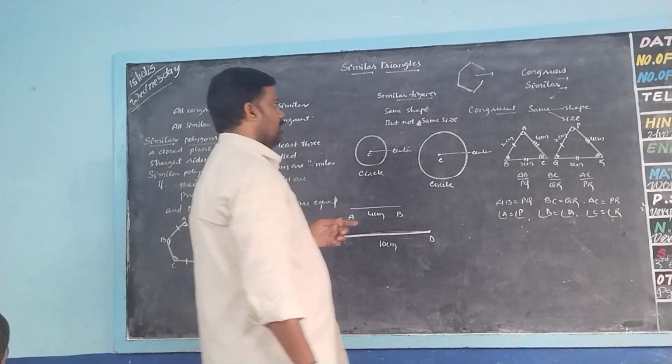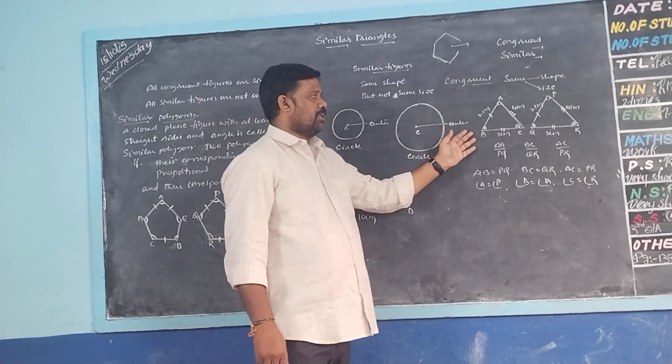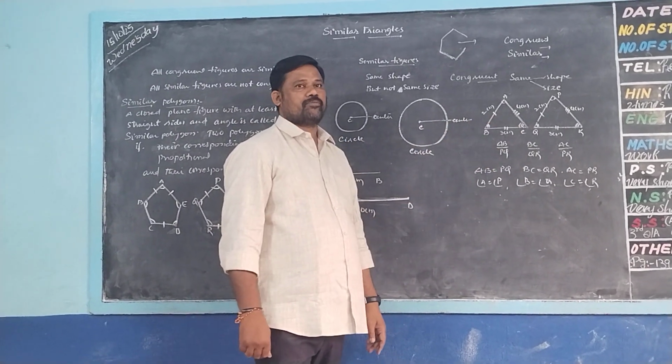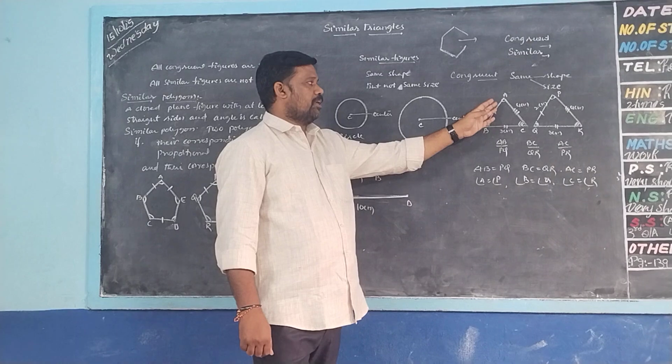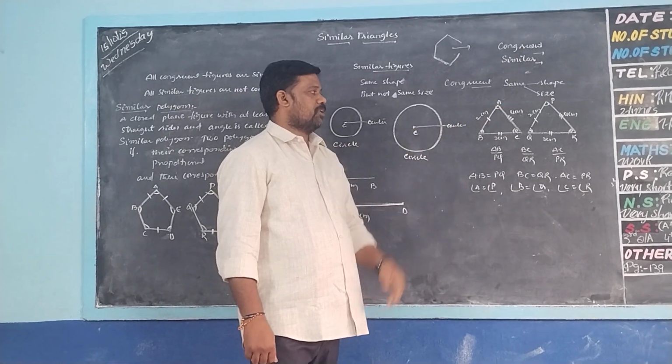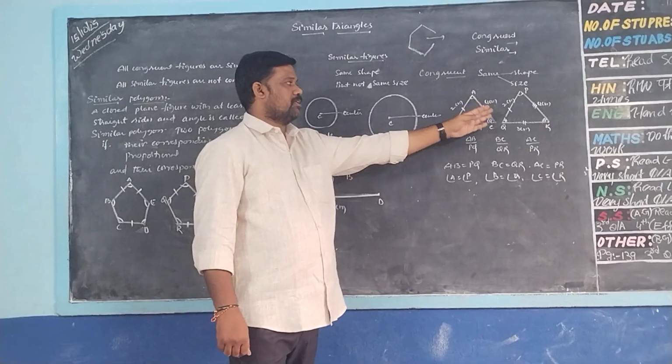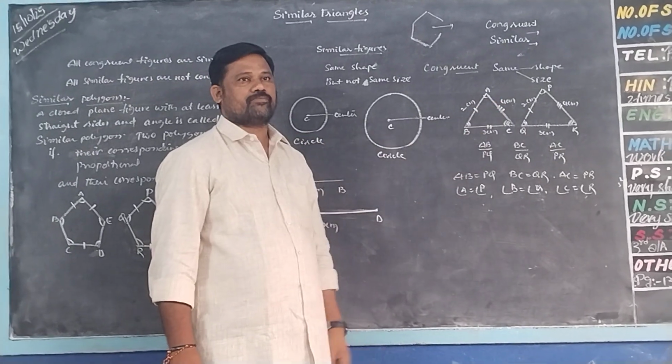For example, we draw triangle ABC and triangle PQR. Their sides are equal from one to another.